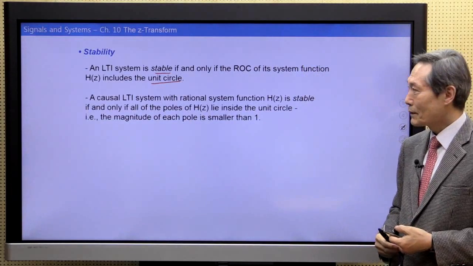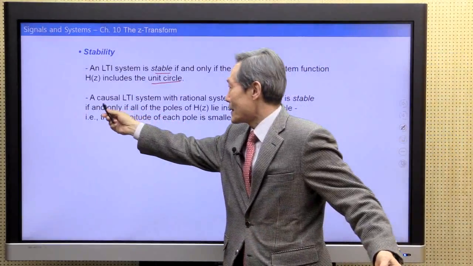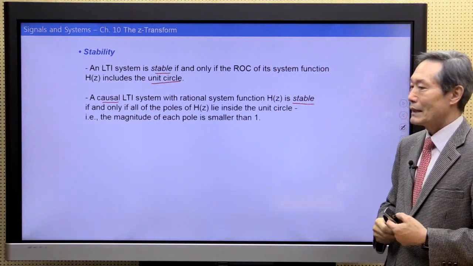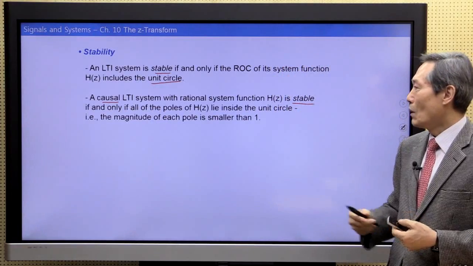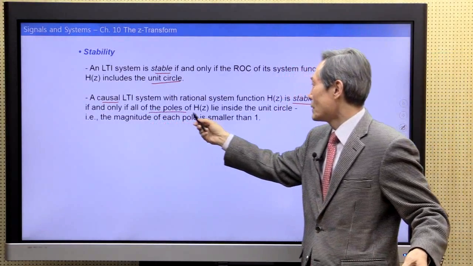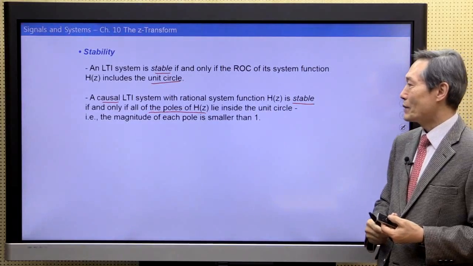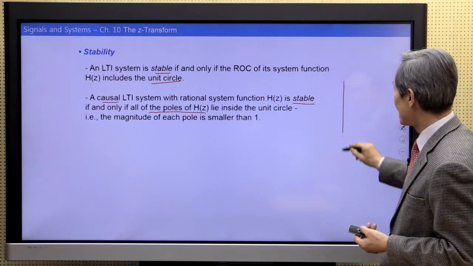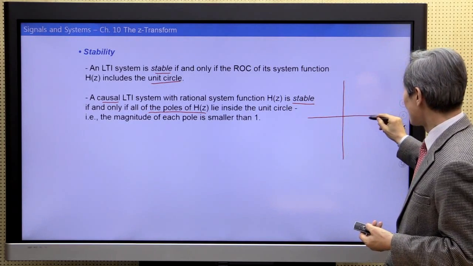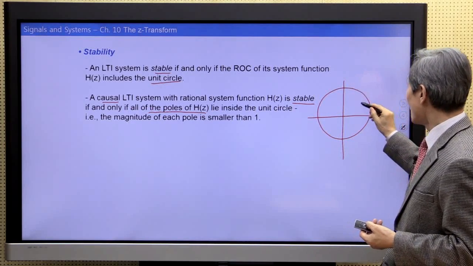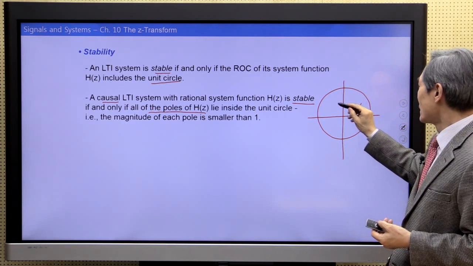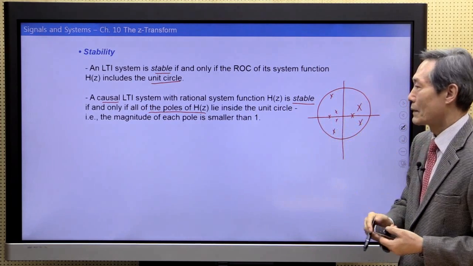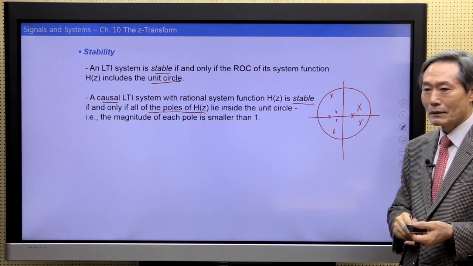Going one step further, a causal LTI system is stable if and only if all the poles of H(z) lie inside the unit circle.